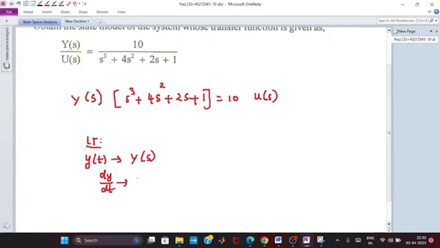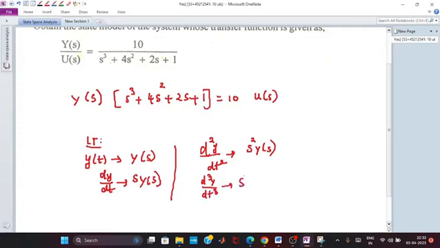That is s into Y(s), obvious, right? Similarly, what is the Laplace transform of d square y by dt square? That is s square into Y(s). And similarly, d cube y divided by dt cube is s cube into Y(s). This is the Laplace transform.